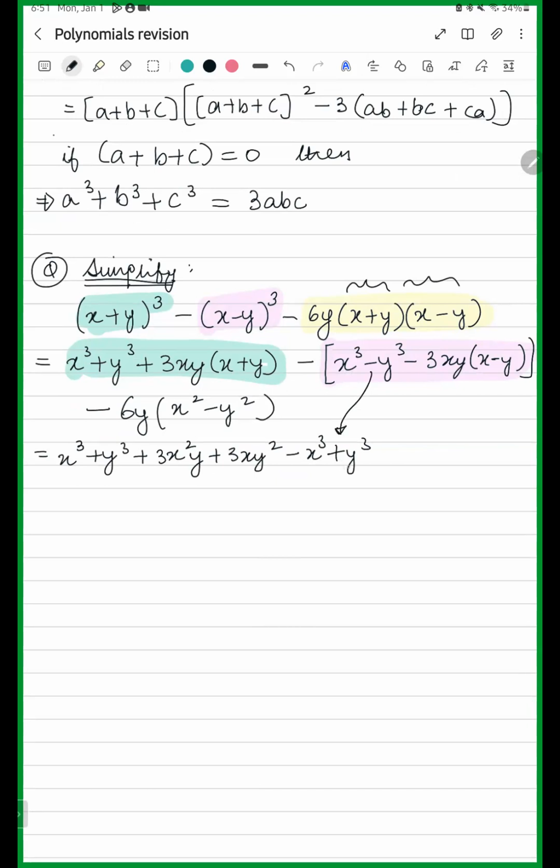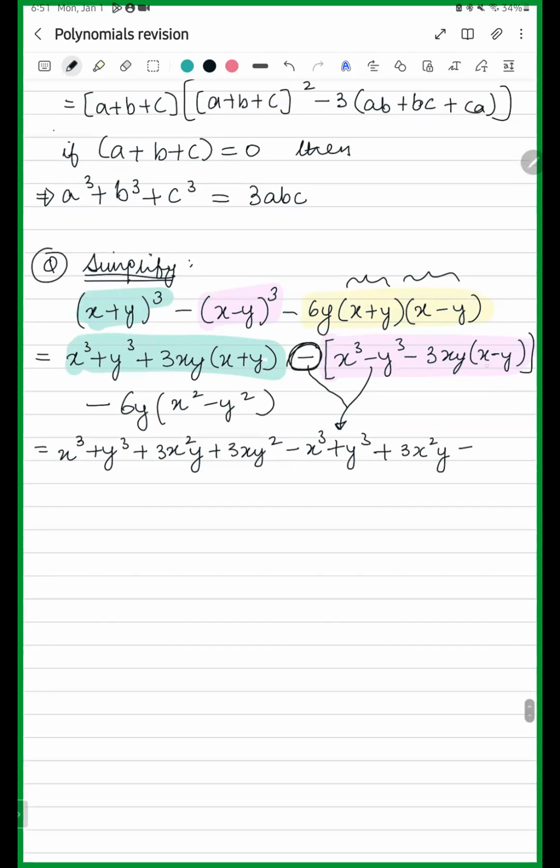This will become a plus y cube because you have a minus sign also outside. Then again minus minus plus 3x square y, and minus 3xy squared, because in front of the y term there are three minuses.